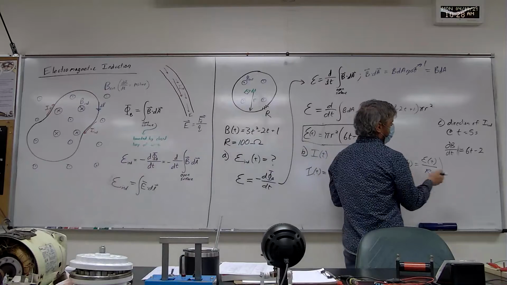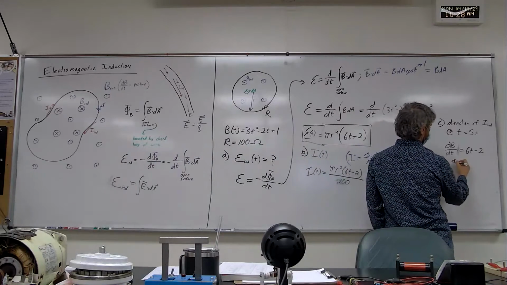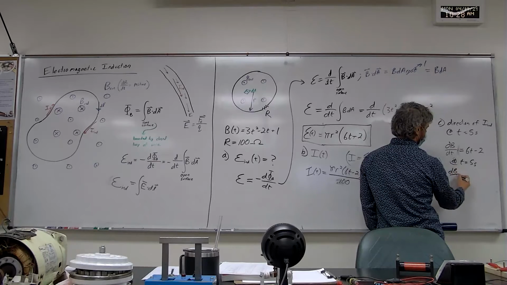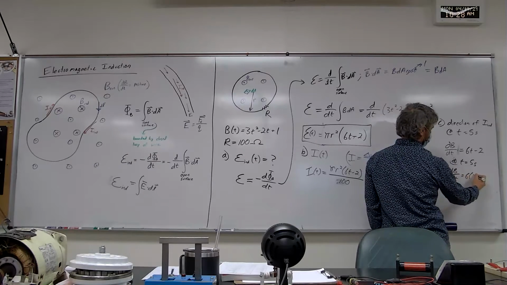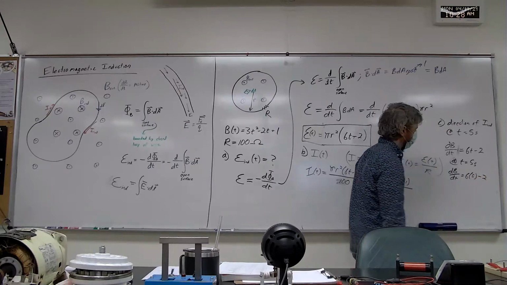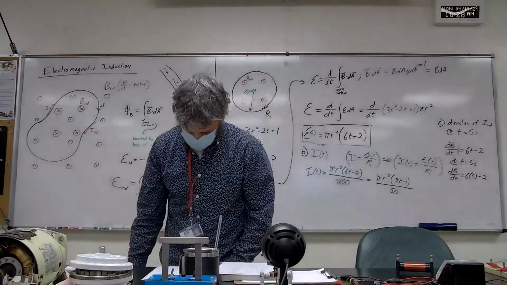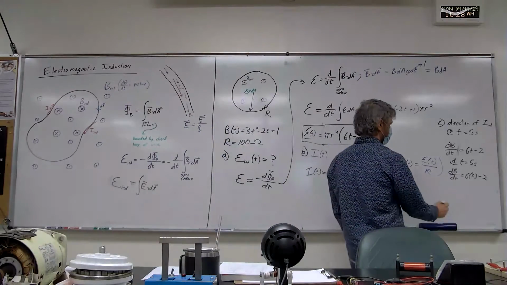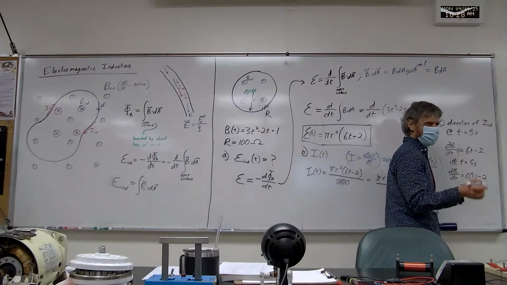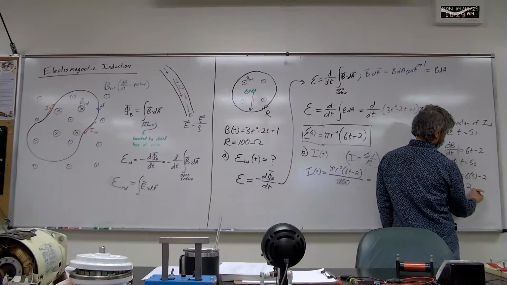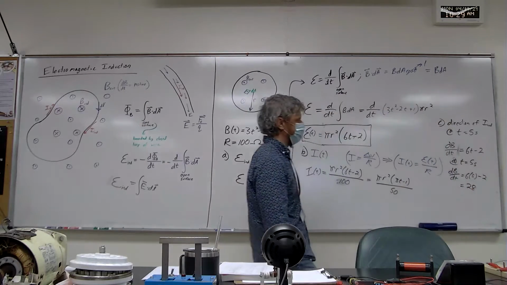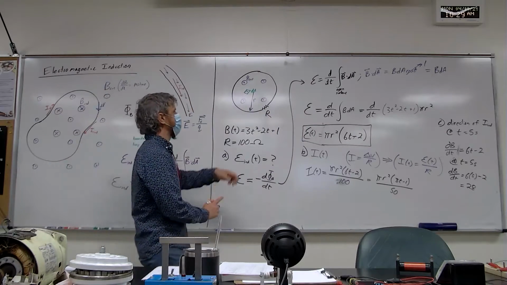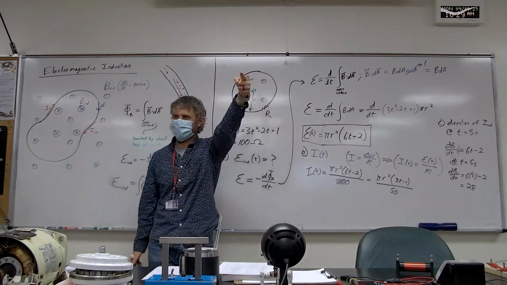So at t equals 5 seconds, dB/dt equals 6 times 5 minus 2. That's too hard. Let me look at it. Yeah, we got to bring up the table for this. It's 28. The rate of change is positive 28, meaning that at t equals 5 seconds, the magnetic field is increasing in strength.